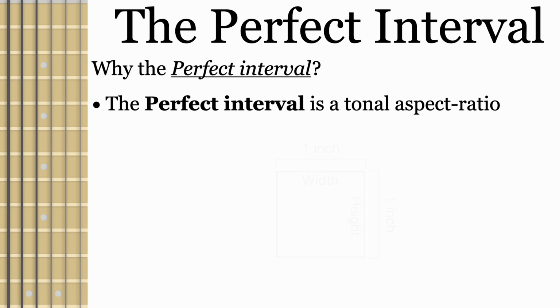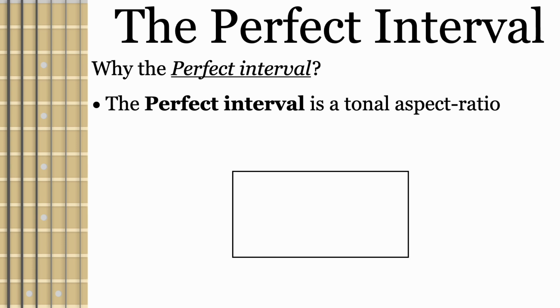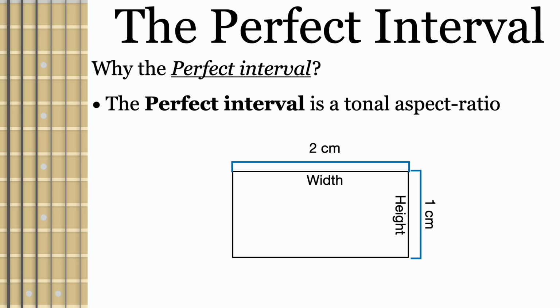Now, just to expand on this a little bit, let's take a rectangle that, in this case, is 2 by 1. So for every 2 units across, we get 1 unit of height. So if this was 2 kilometers by 1 kilometer, it doesn't matter, whatever the unit is, we have a 2-to-1 aspect ratio.